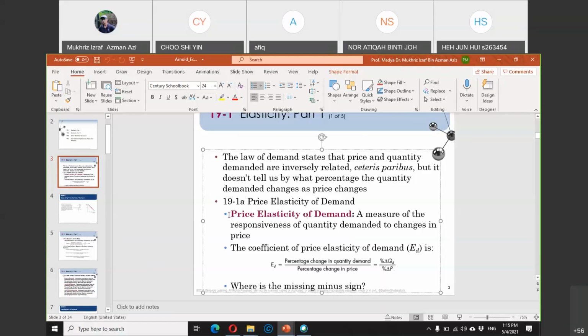When we talk about elasticity, please take note there are several types. In your syllabus we cover price elasticity, cross price elasticity, and also income elasticity. So there are 3 types of elasticity, but the main one is price elasticity of demand.